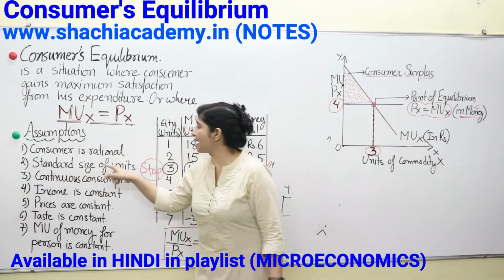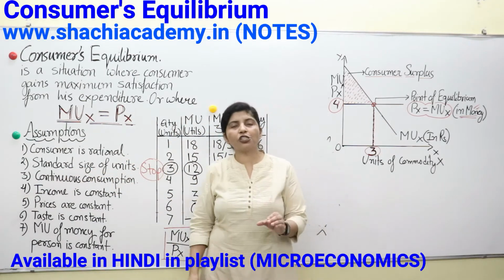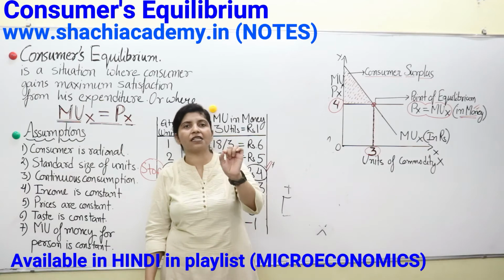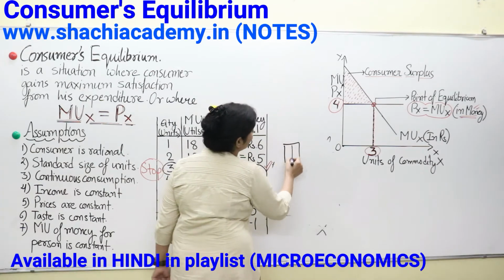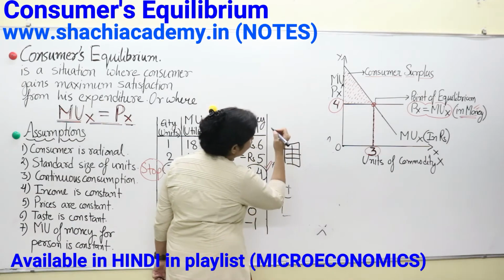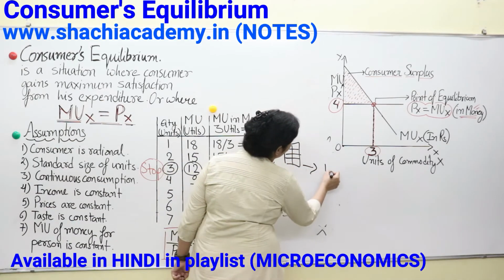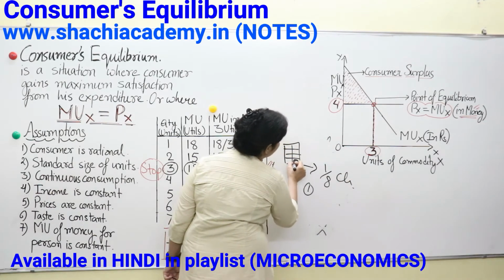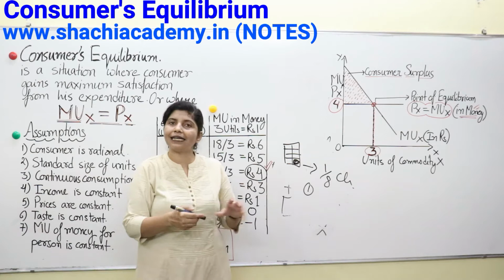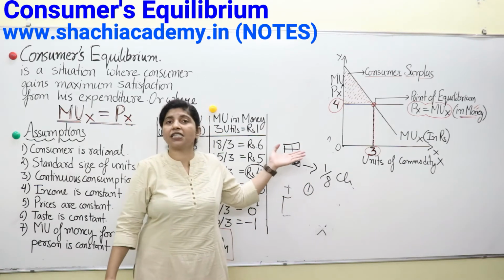Then standard size of units. That means we are consuming units as a whole, not small pieces of them. For instance, a chocolate can be broken into many pieces, say 8 pieces. If I am consuming 1/8 of a chocolate, this tiny portion will not give me any satiety, that means it will not give me any satisfaction.